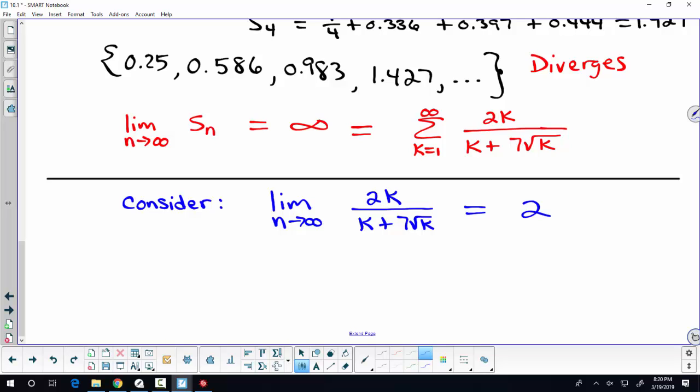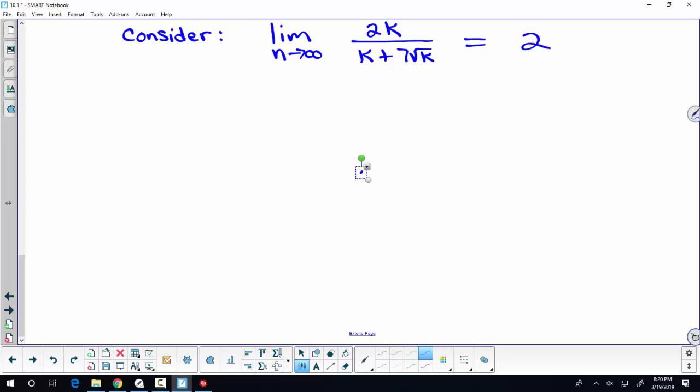But please be mindful that just because you're computing a limit, it in no way is telling you anything about the sum itself, right? Because all we're doing is computing the limit on each of the terms. That's just going to give us the nth term. It has nothing to do with adding them.